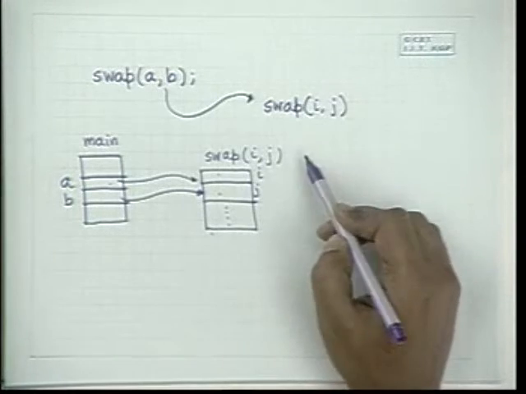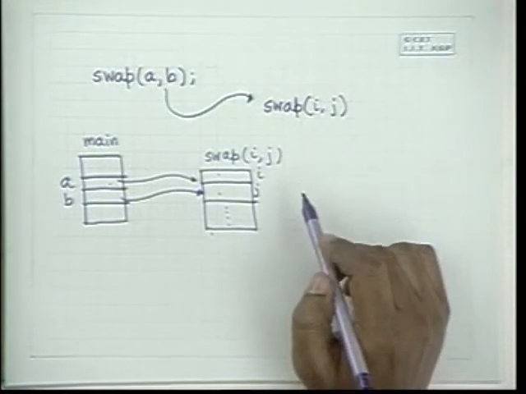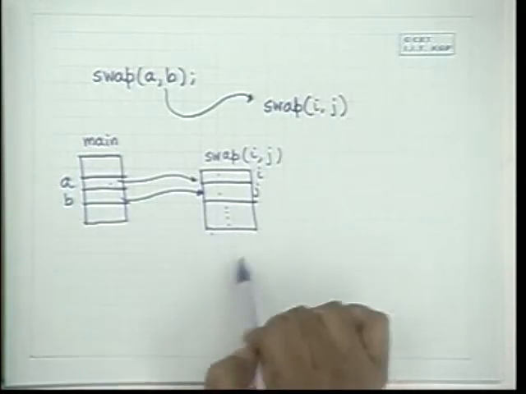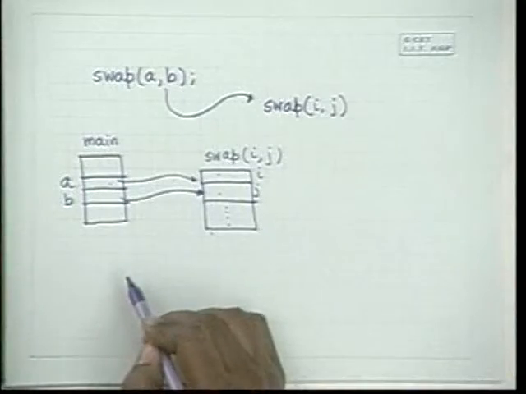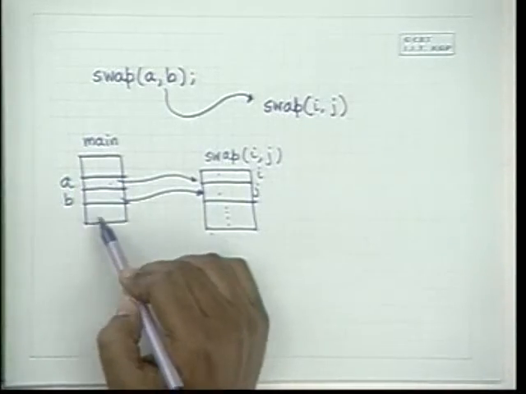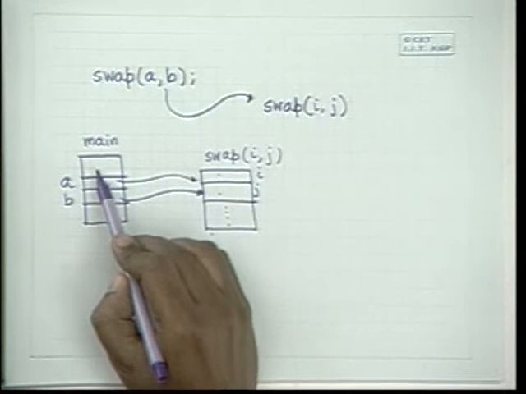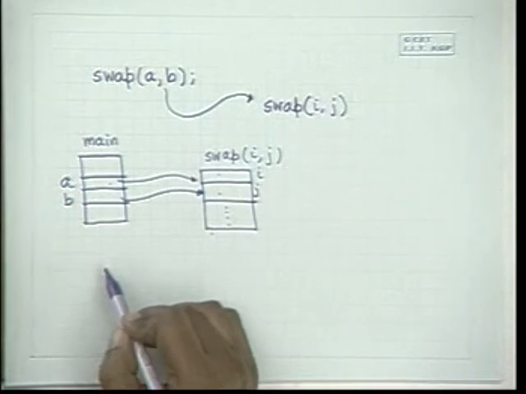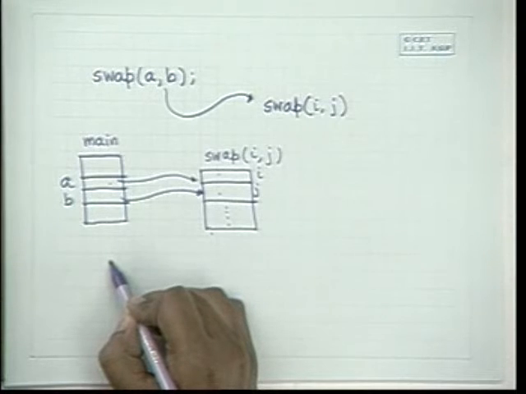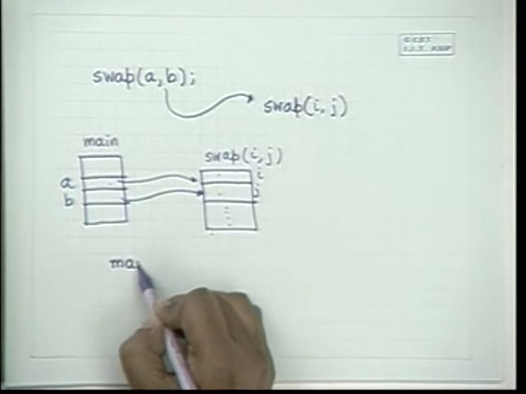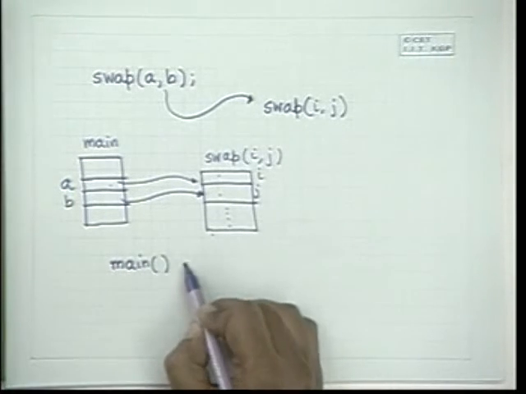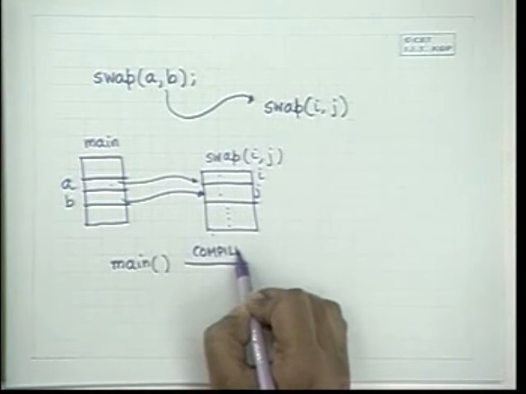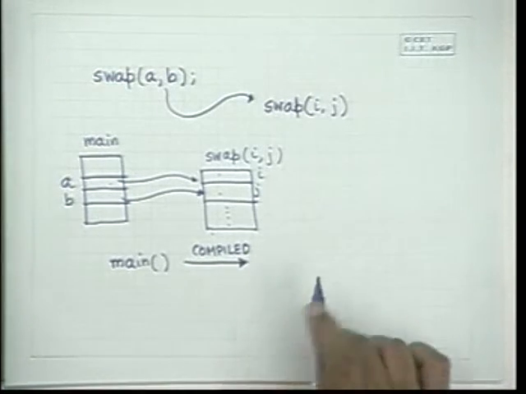Now, in any function call in C, a schematic way of understanding how the functions operate and how the data operates is that for every program there is a static data segment associated with the function itself. That is the code. Suppose you are given a function main. Now when it is compiled, it is compiled into two parts.